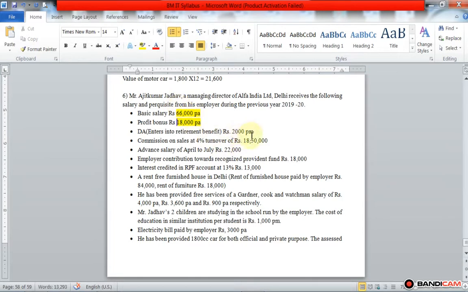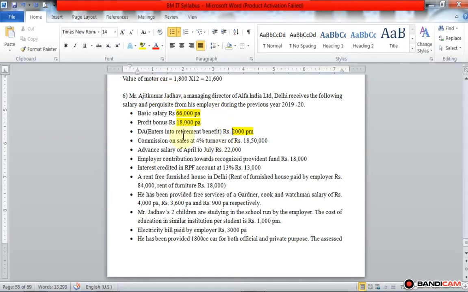Then DA enters into retirement benefit, it means considered for retirement benefits, rupees 2,000 per month. So here DA received is 2,000 per month. We have to compute salary for a year, so DA is converted from month to a year.